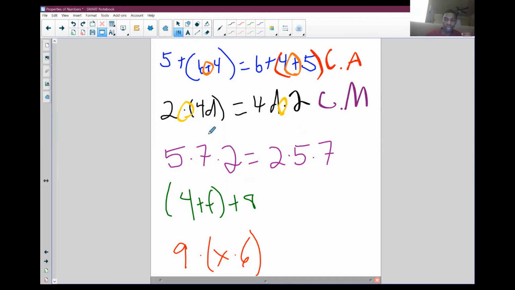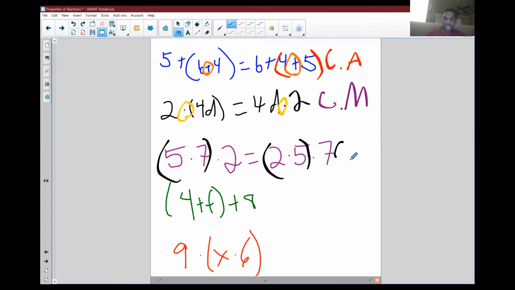Okay. Here's another example. 5 times 7 times 2 equals 2 times 5 times 7. So if I put parentheses around the 7 and the 5, and then I put parentheses around the 2 and the 5, that will be what?